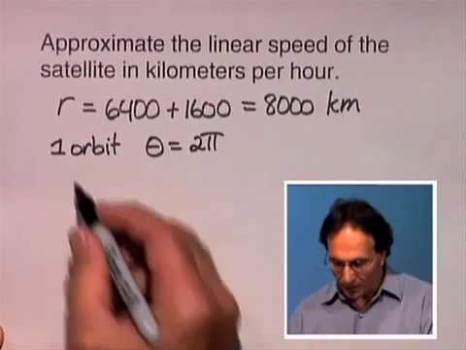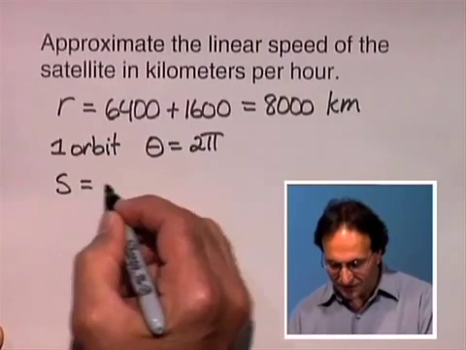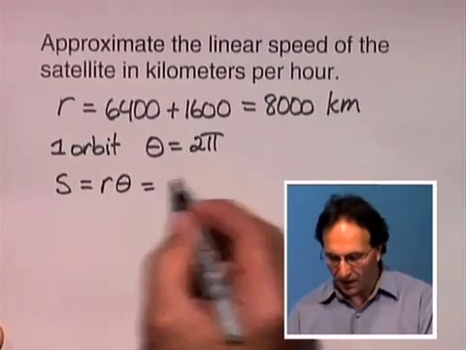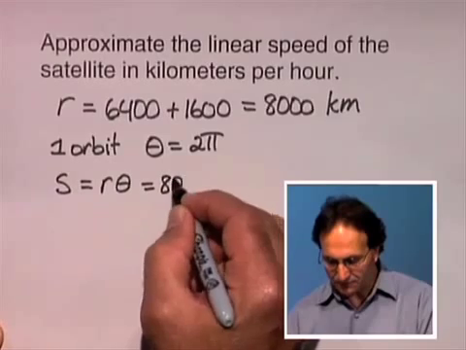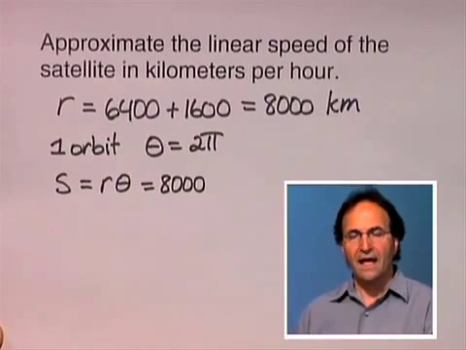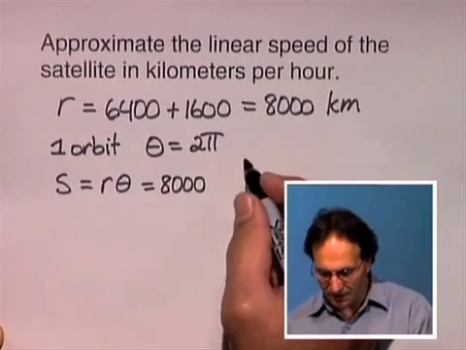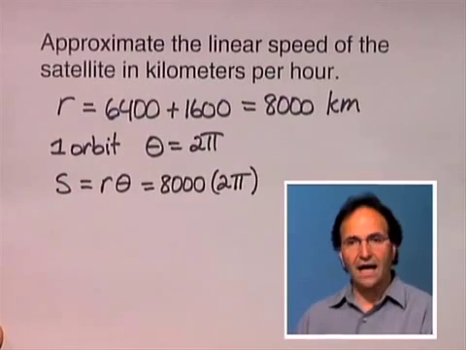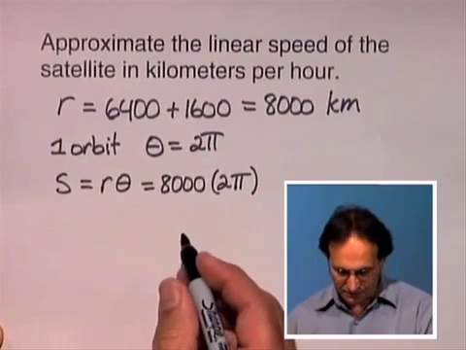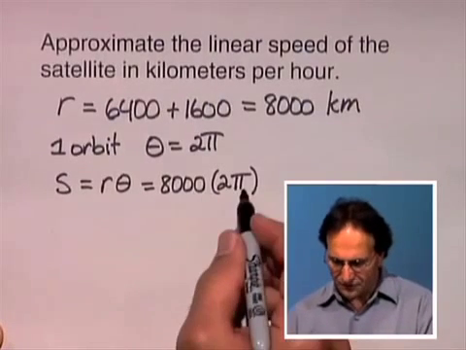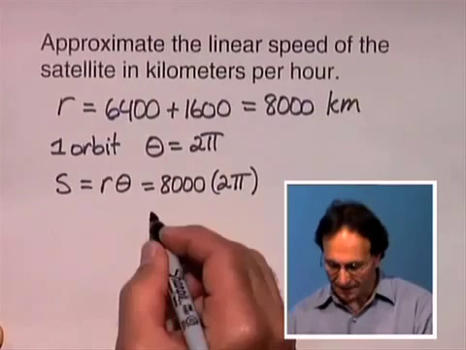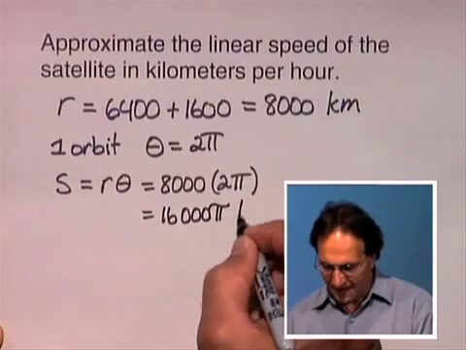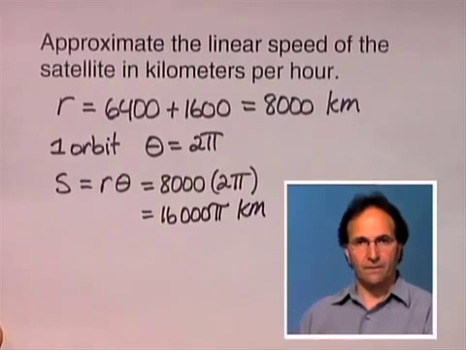So now we can use the formula S equals r times theta, where r is the 8,000 kilometers, and theta is the 2 pi, which we multiply those together, giving us a result of 16,000 pi. And that would be kilometers.